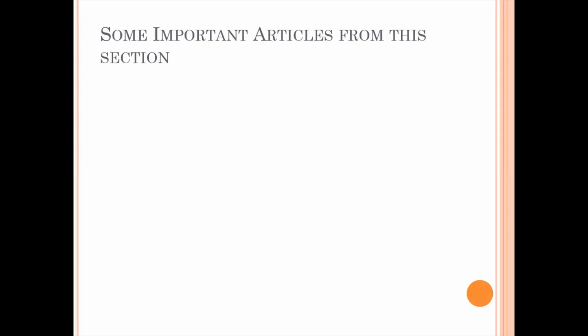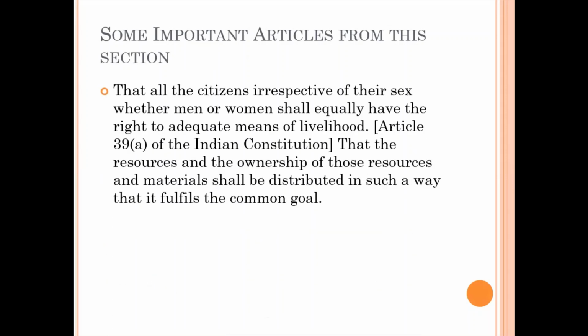Now we will learn about some important articles which directly affect our lives, as here is Article 39, that all citizens, irrespective of gender, whether man or woman, shall equally have the right to an adequate means of livelihood.